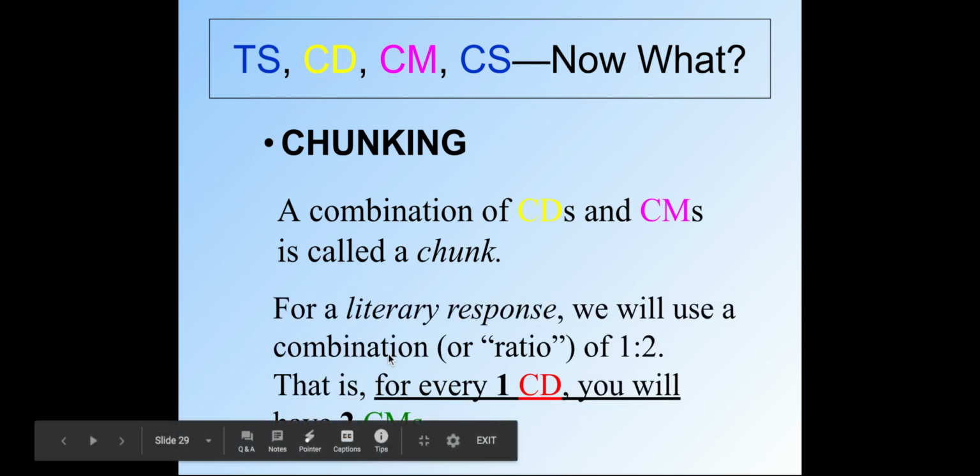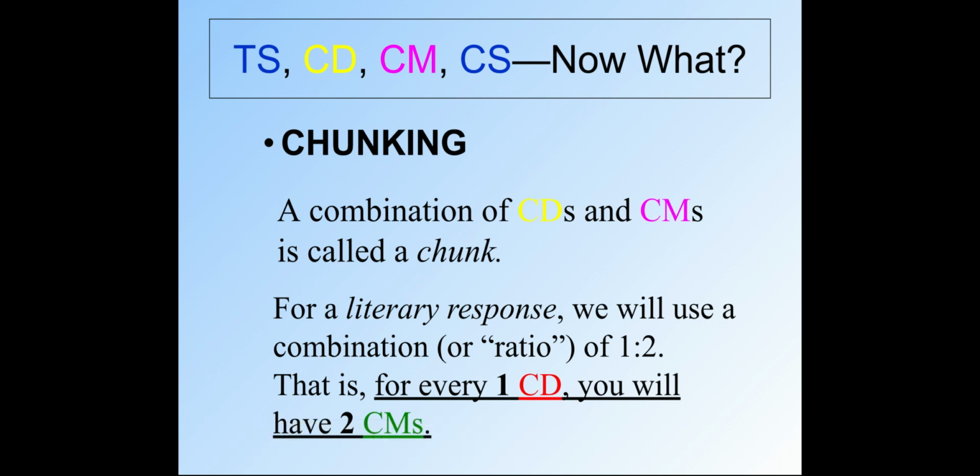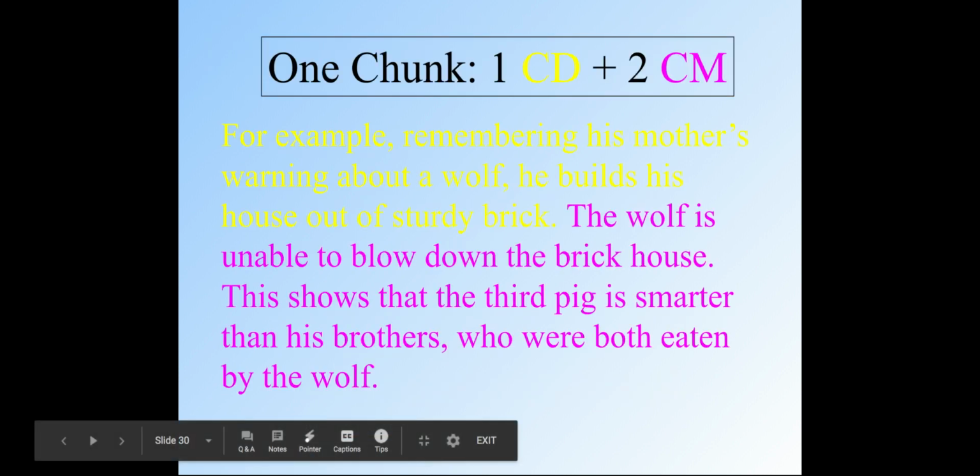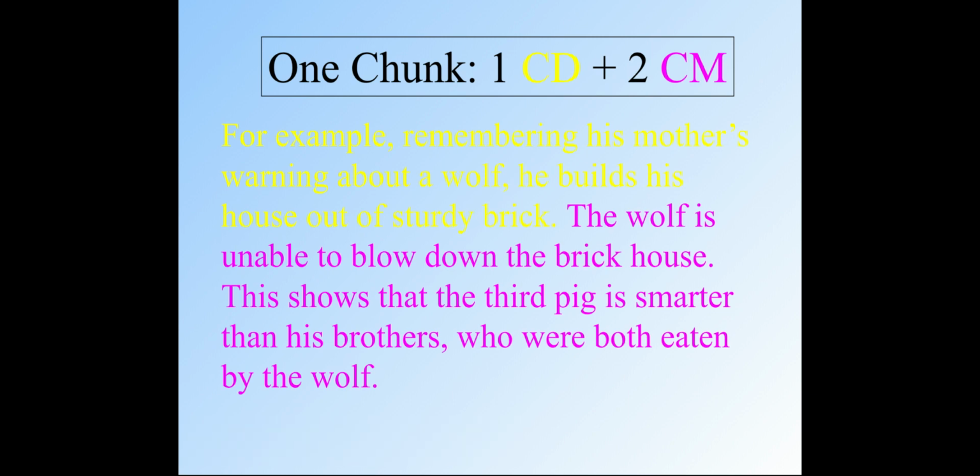So this is my ratio. 1 to 2 means one concrete detail, two commentary sentences. Okay? See, one concrete detail, two commentary sentences. That is your one chunk. So here's my example from the Three Little Pigs. Okay? I gave my concrete detail about the sturdy brick house, and then there's my two commentary sentences. You see how that's in pink.